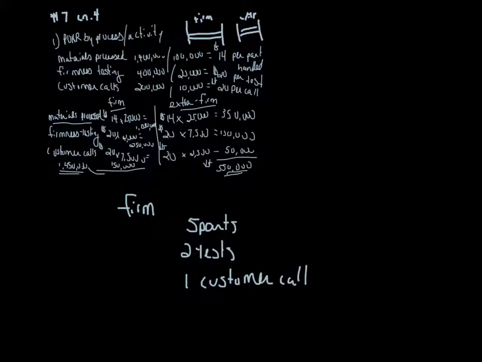What was the predetermined overhead rate that we had come up with for these? It was $14 per part, $20 per test, $20 per call. We're using these same rates regardless of whether it's firm or extra firm. So we're going to take the 5 parts times $14 a part. That should come out to $70. And then we have 2 tests times $20 per test.